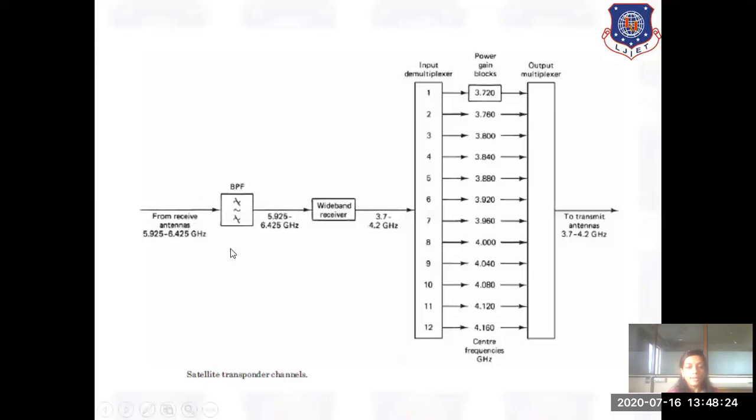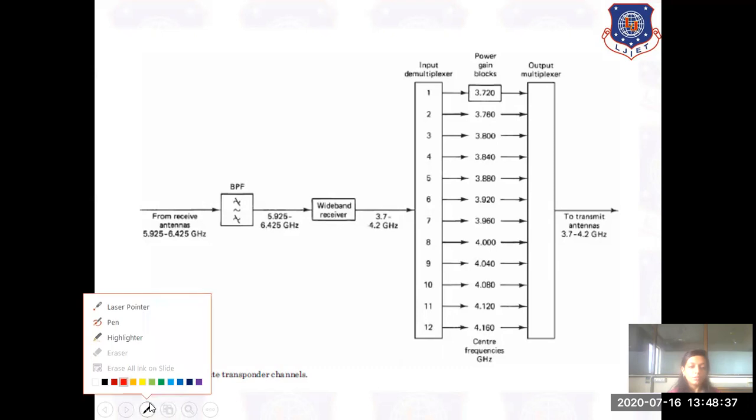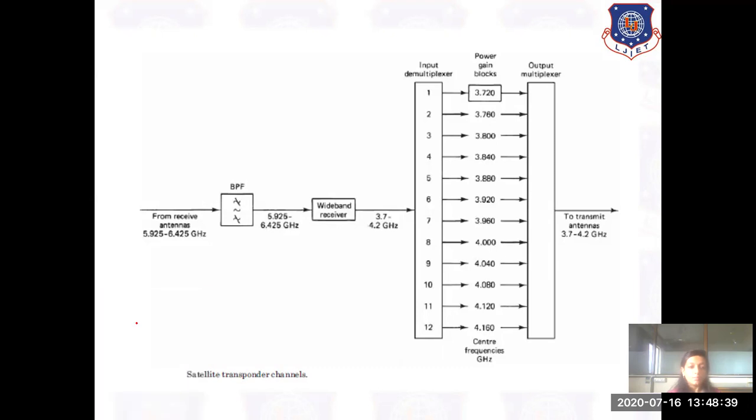That signal is going to be passed through a band pass filter, because we need only a specific band of the signal. See over here, the symbol is given, band pass filter.